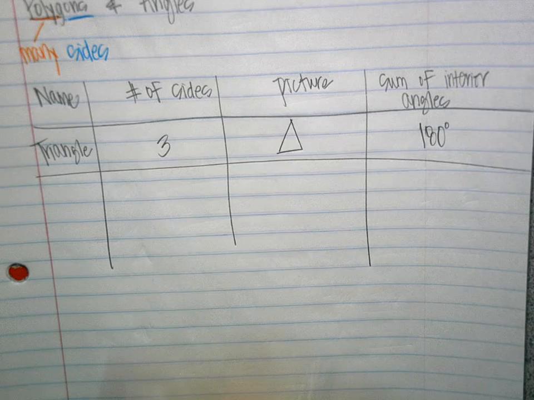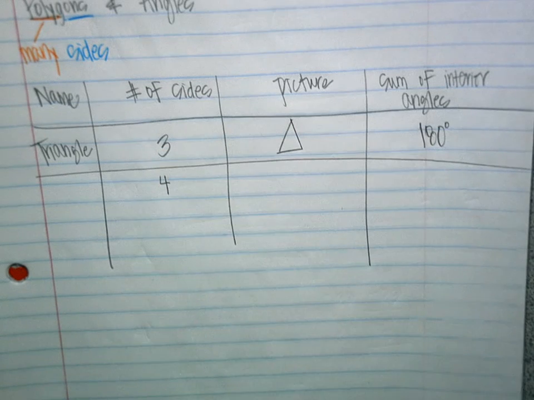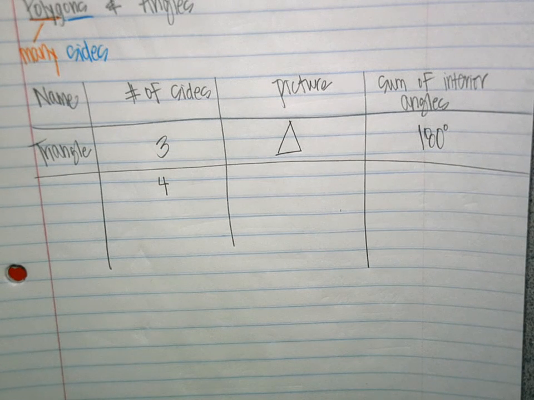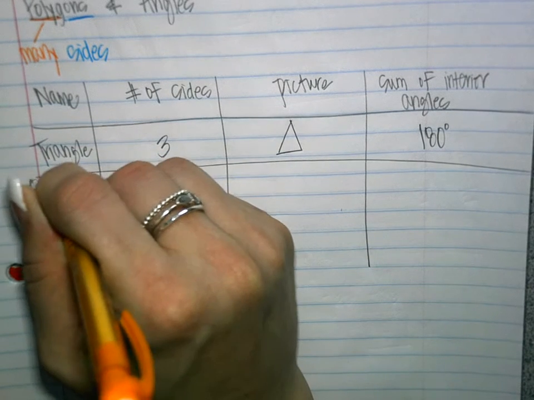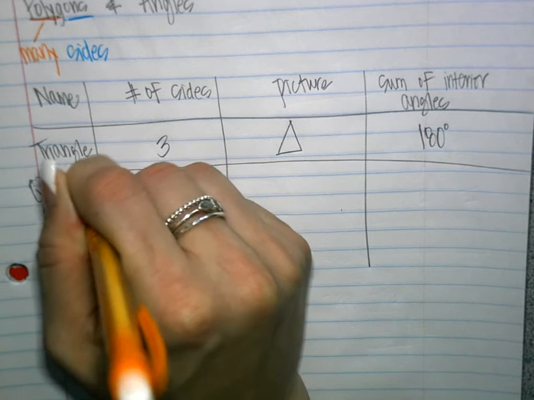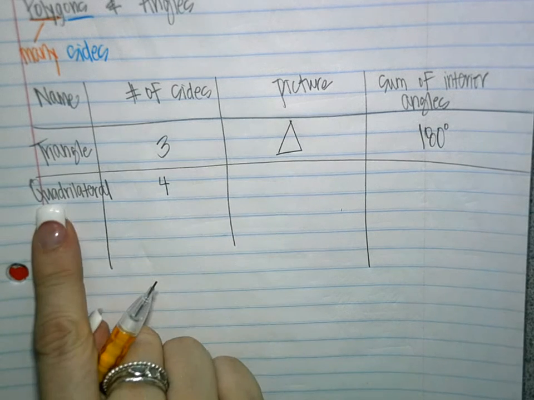Okay. If I tell you something has 4 sides, what is the name of that polygon? Not always a square. Could be a square. Could be a rectangle. The technical name is a quadrilateral. Quadrilateral. Yes, and quad means 4.